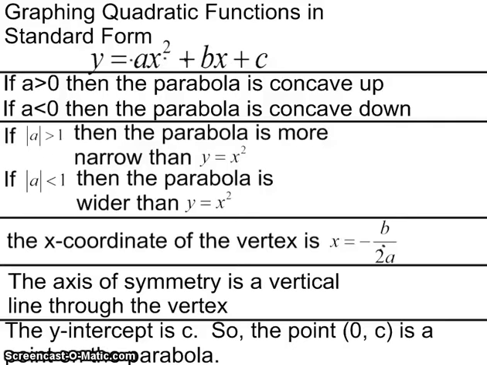If the absolute value of A is less than 1, then the parabola is wider. What's A for this problem? -3. Its absolute value is positive 3. Is that greater than 1 or less than 1? Greater. So the parabola will be more narrow.